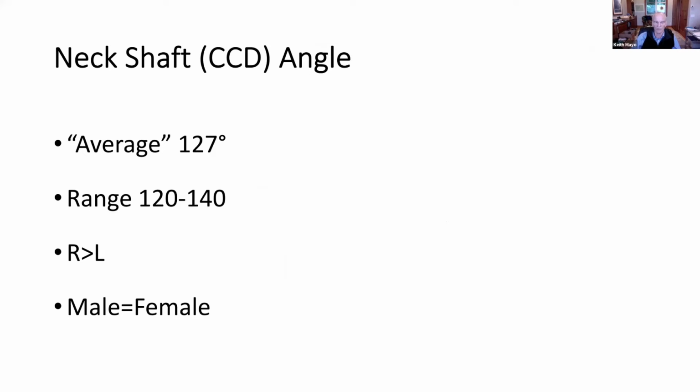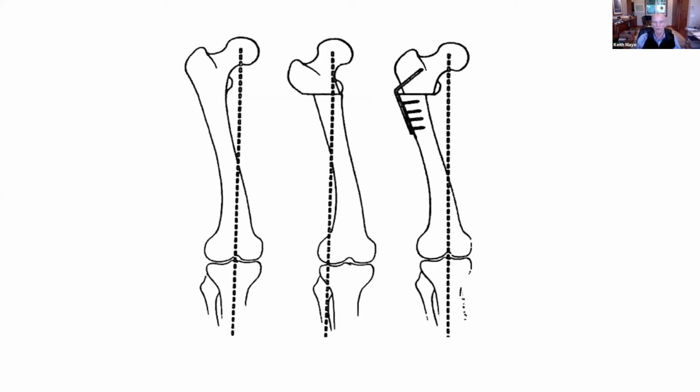And these are all based on skeletal direct measurements, so they're more accurate than the radiographic studies. And despite a lot of our misconceptions to the contrary, male and female neck shaft angles are approximately equal, although there are certainly within racial populations small differences.